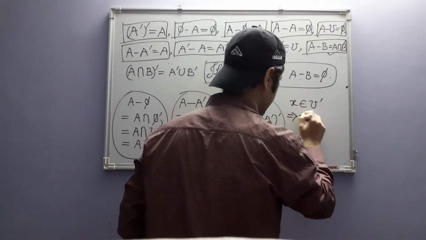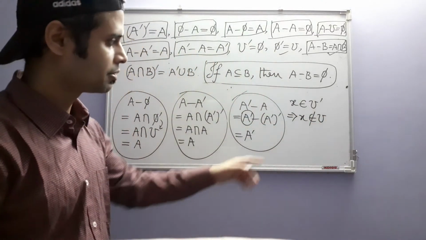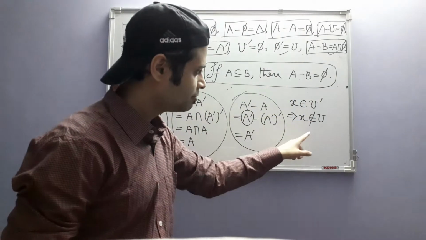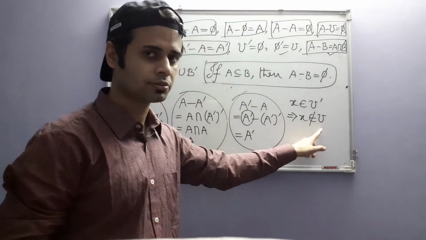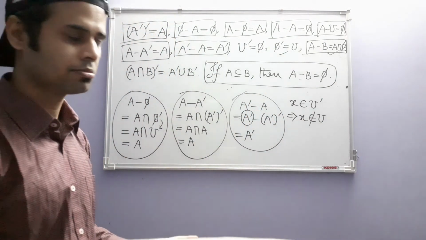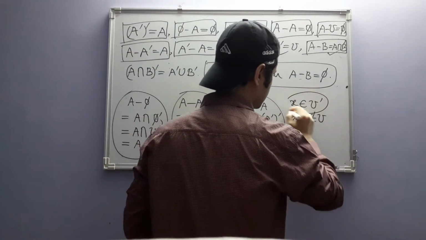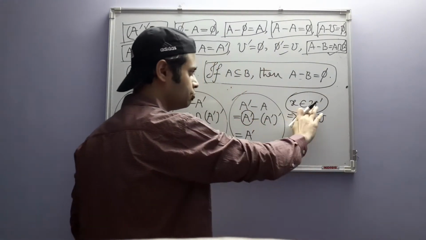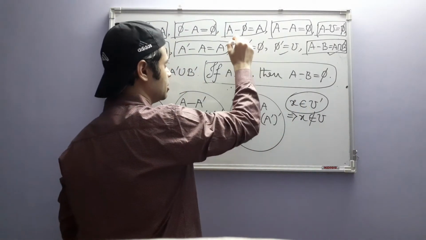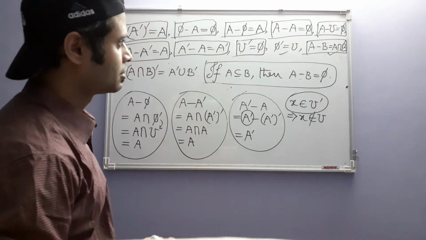This implies x does not belong to U. That is coming from the definition of complement of a set. But by definition, every element must belong to the universal set. So we have arrived at a contradiction and impossibility. So that's why our supposition is wrong. U prime cannot have any element. So U prime must be equal to the empty set. That's how we have proved this.